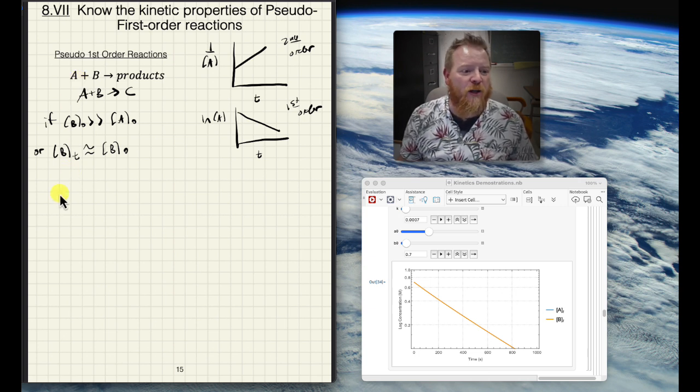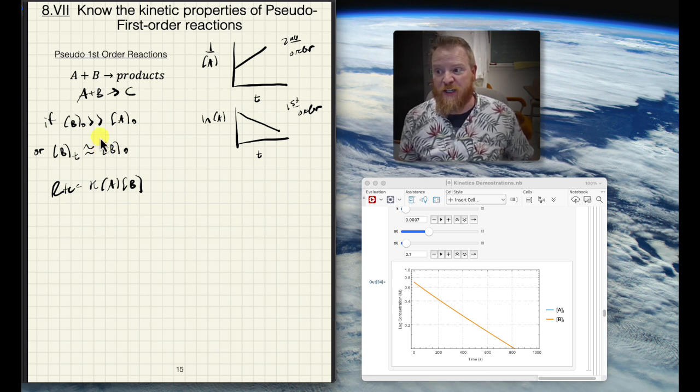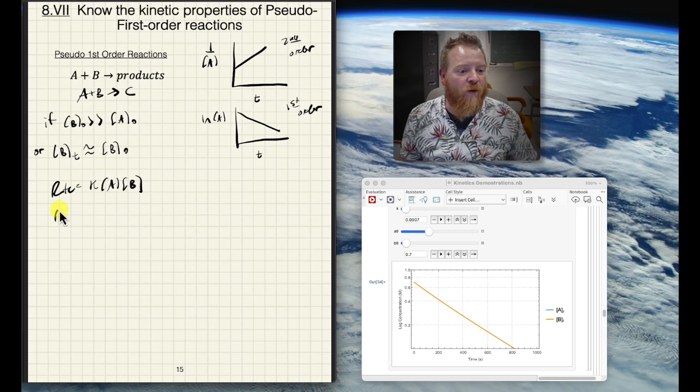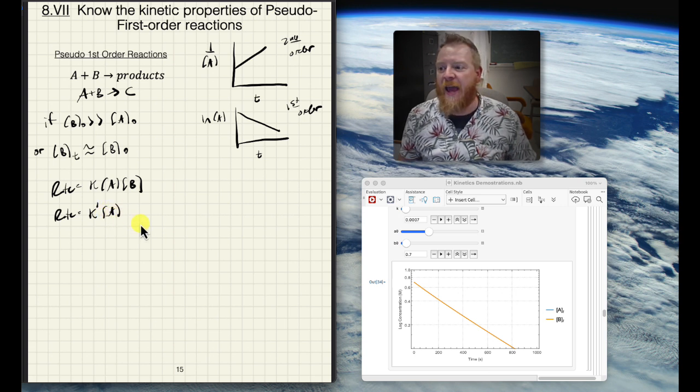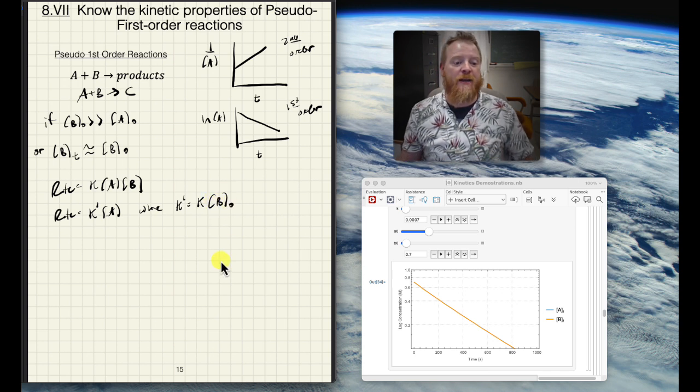And that means the following. When we write the rate law, that's k times A times B, if we've met one of these two conditions or both of these conditions, then our rate law really looks like the following: k prime times A, where now k prime is equal to our second order k up here times the initial B concentration.